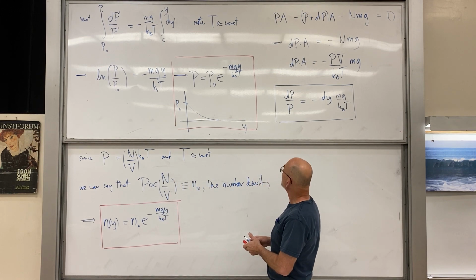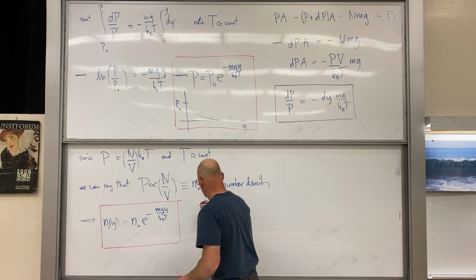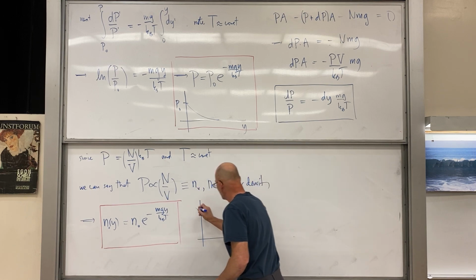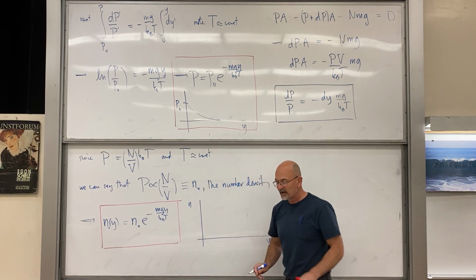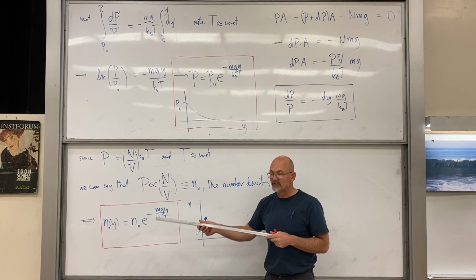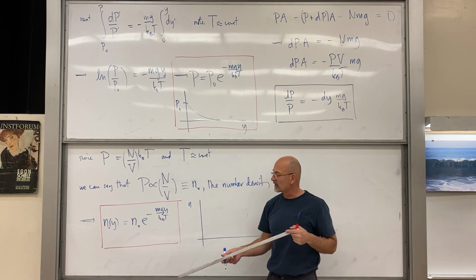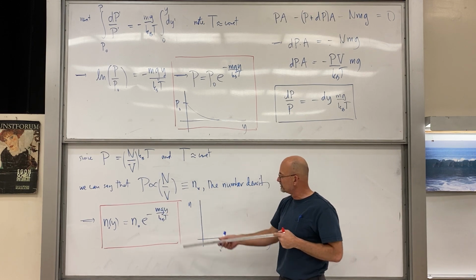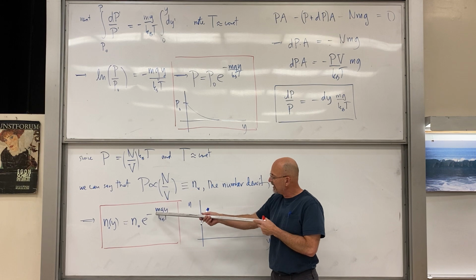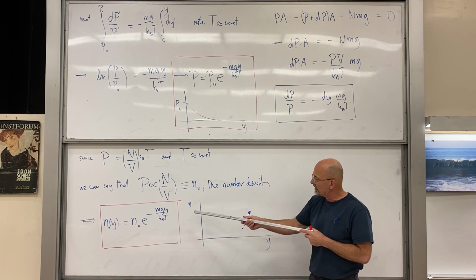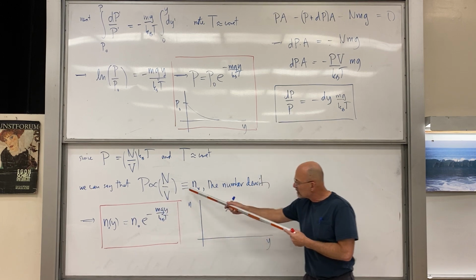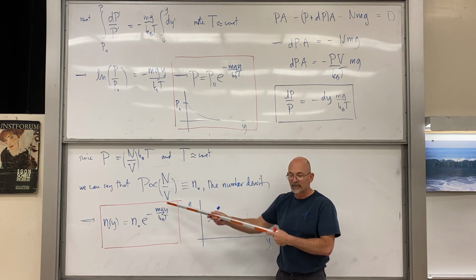So actually, this is worth a little more discussion. Let's put N of y here. We could think of this m as just one species of particle. Remember that air has different types of gas particles in it. You're getting partial pressures from all of them. And what you can see here, since we're just talking about one type of mass, is that the more massive the particle is, the faster this function decays, right? Because it's e to the minus something.